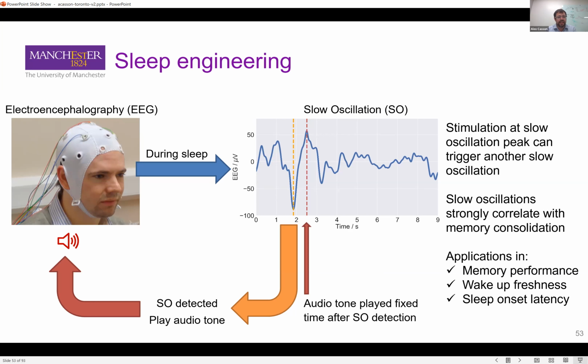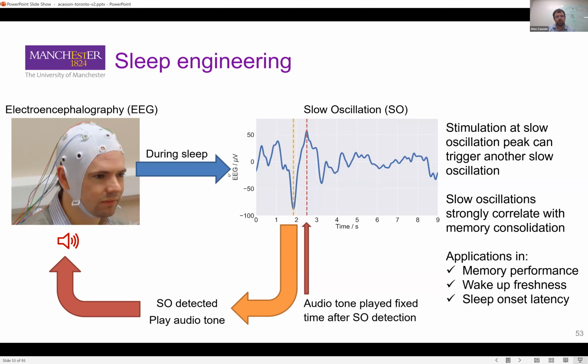So sleep engineering is this concept of manipulating your brain while you're asleep. There's a relatively pivotal investigation by someone called Hongi about 10 years ago now, which showed that while you're asleep, there's a feature known as slow oscillation. We've known about that for a long time. If you play an auditory sound at the peak of a slow oscillation, you can trigger another slow oscillation.